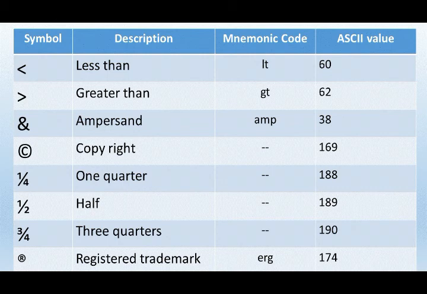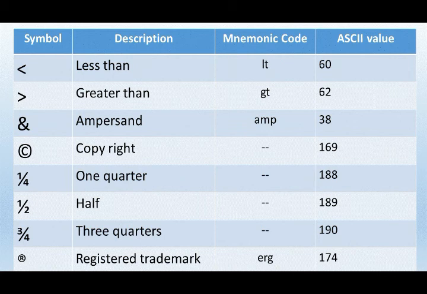Now let's see a few special characters and their properties in this table. Now the symbol, the first one is the less than sign. Description, what we call it, less than. Then the mnemonic code is LT and the ASCII value is 60. Now ASCII here is American Standard Code for Information Interchange.